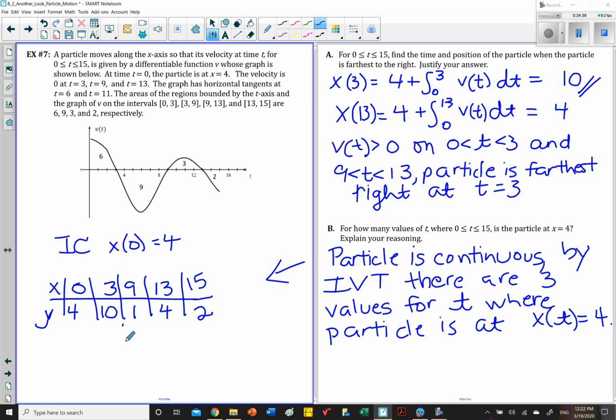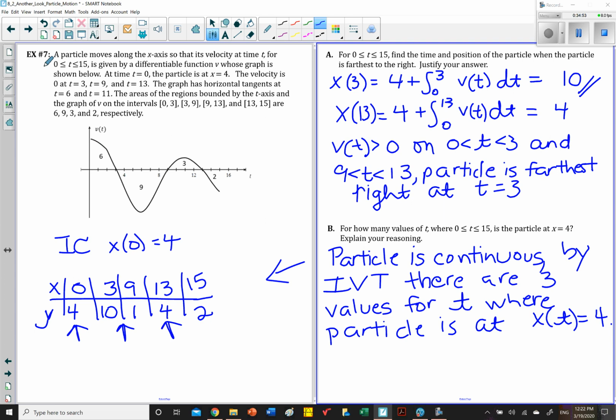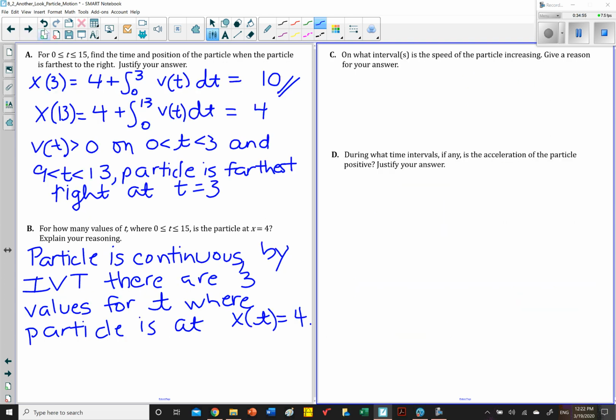It's got to pass through 4 here, coming back down. So 1 time here, 1 time in between 3 and 9, another time right here. So 3 times that the particle will be at 4. Sorry for the confusion.